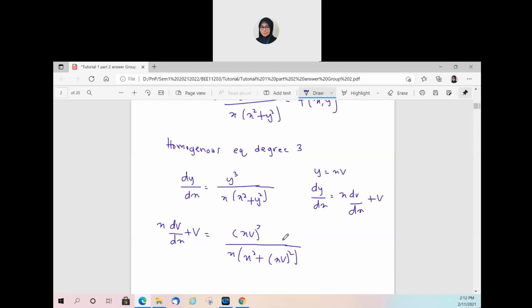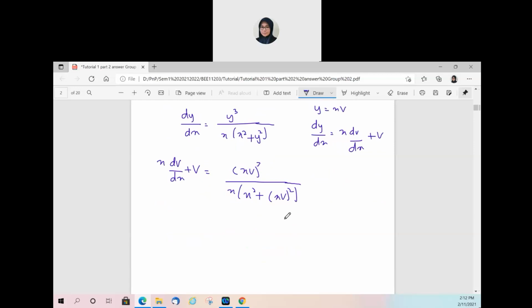Up to this stage, any question? No. Okay, so equals x cubed v cubed divided by x squared plus x squared v squared. Then for the bottom, we can factor out this x.